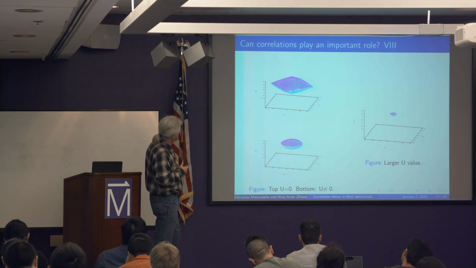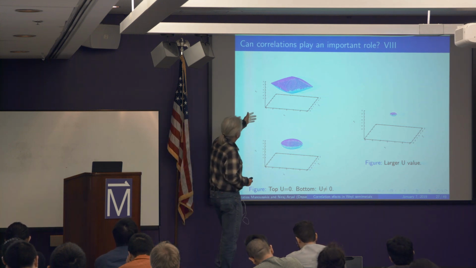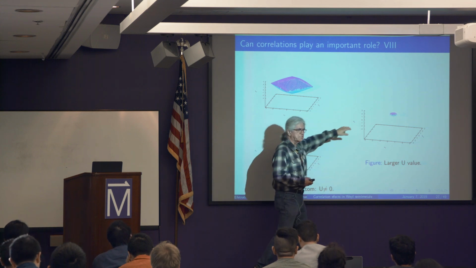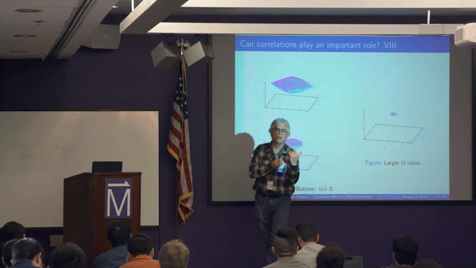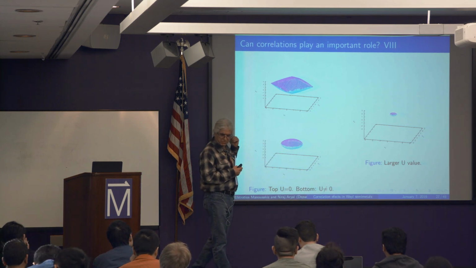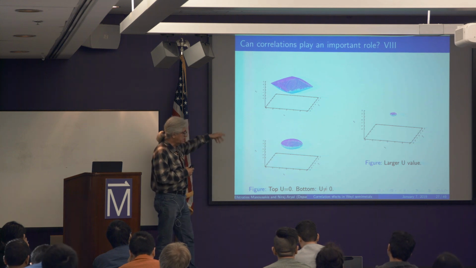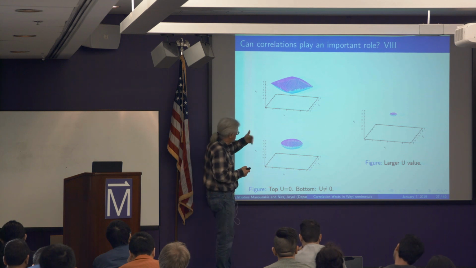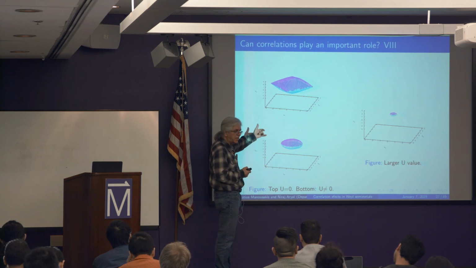So here is what's happening if I crank up u. This is 0 u, this is some moderate u, and this is a larger value of u. So at the moment, this is in 3 dimensions now, sorry. This picture before was a 2-dimensional model, and this is just the surface. I cannot plot E of k_x, k_y, k_z.